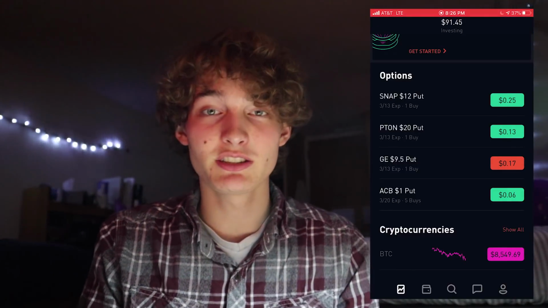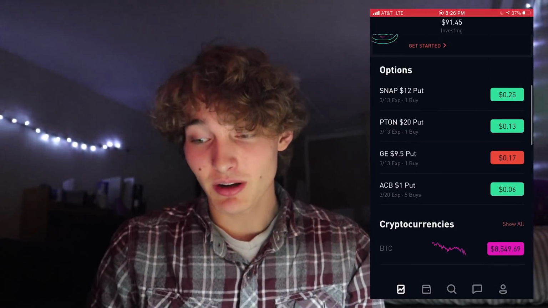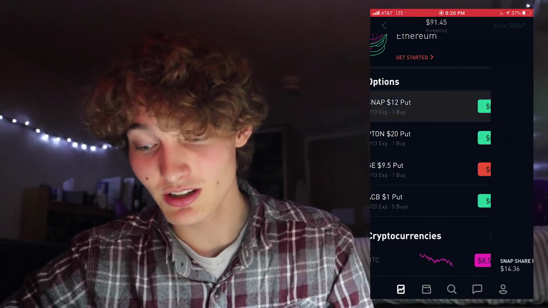Again, I'll make a video explaining spreads later, but I'm going to have to unlock it in this account first. So basically, I went with these pretty cheap options in order to unlock it, which I'm disappointed by because they're not really the best options in the world, especially with such a low account.